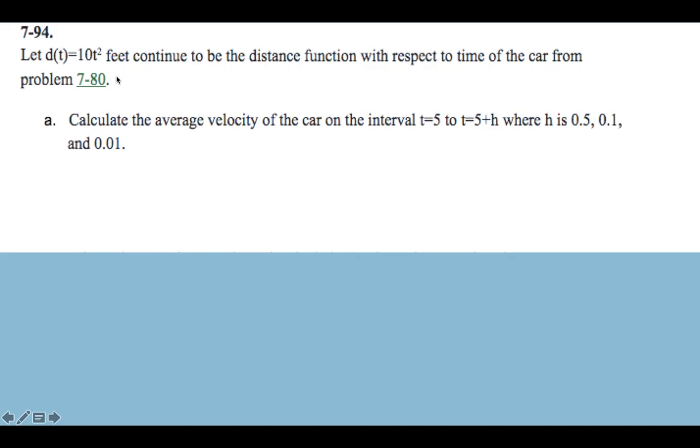So this represents a car traveling. We're going to calculate the average velocity of the car from the interval t equals 5 to t equals 5 plus h, where h is going to be 0.5, 0.1, and then 0.01.